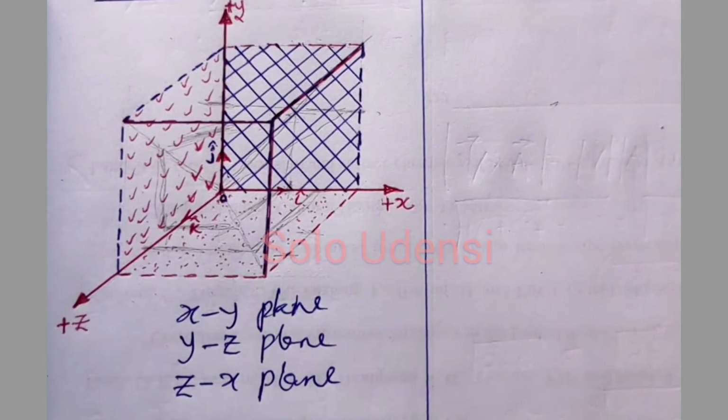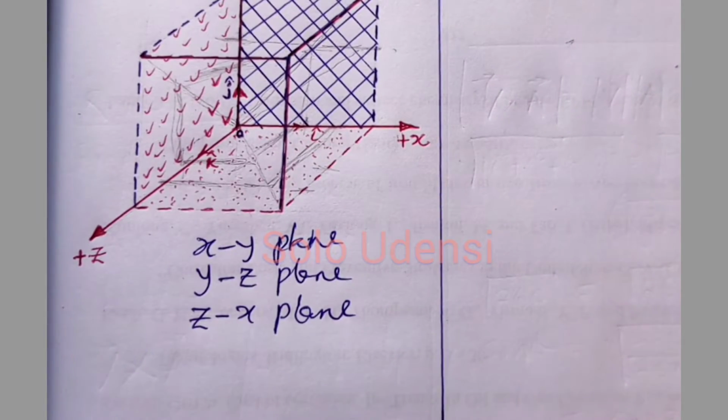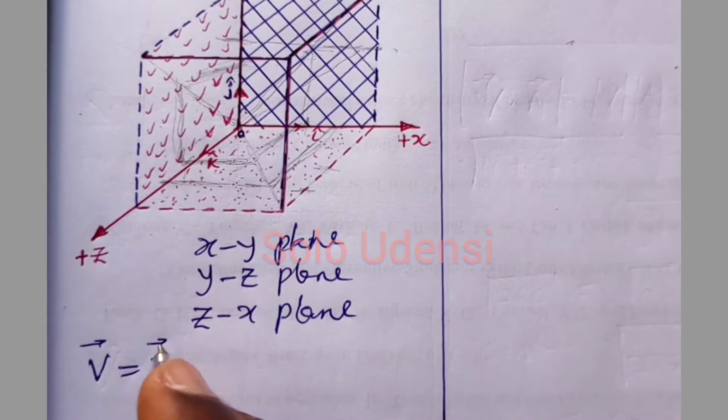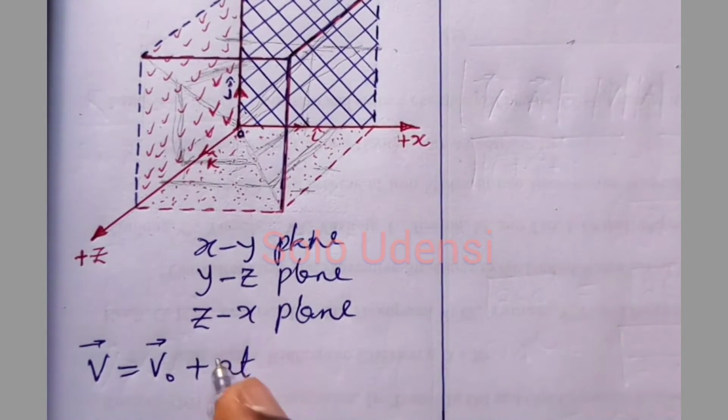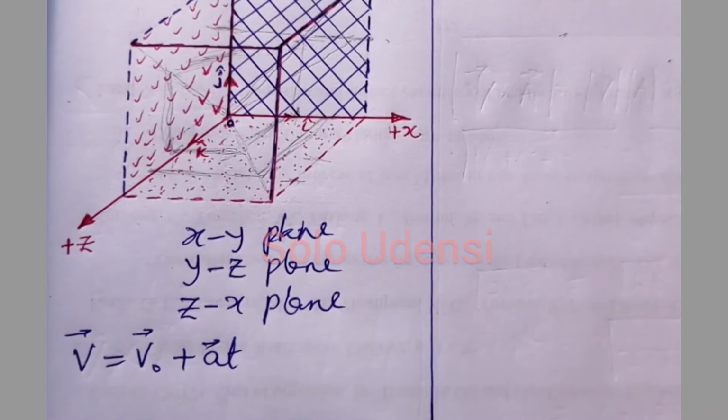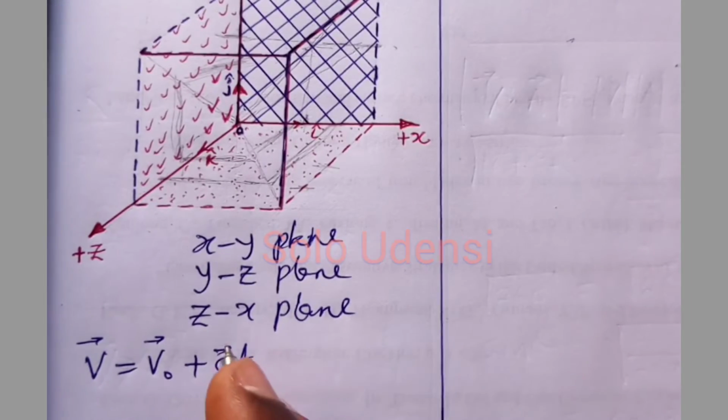So we want to now decouple the equations of motion that we have obtained. For instance, v = v0 + at. v is the final velocity, v0 is the initial velocity, and a is acceleration.